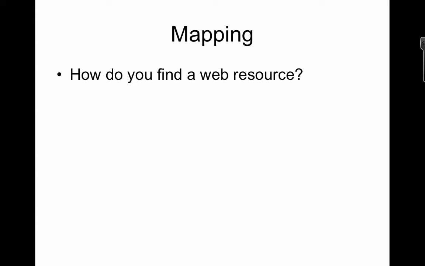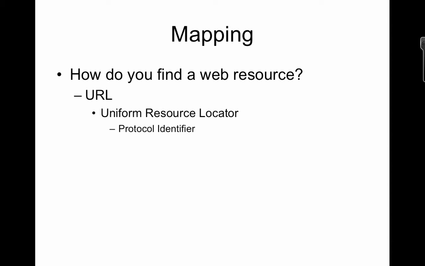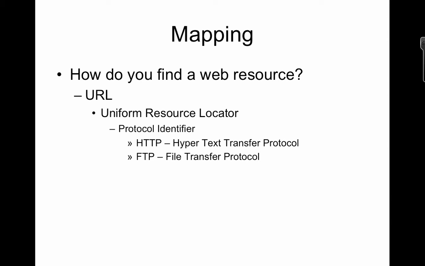Additional type of information: how do you find a web resource? See the organization that's required to find a web resource on the internet. You use a URL. URL stands for Uniform Resource Locator. I would suggest you write this down as a reference if you don't know it. A URL consists of a protocol identifier first, like HTTP or FTP, followed by an IP address or domain name.